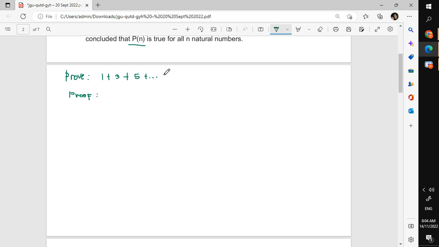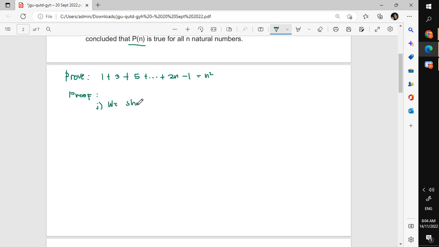So that is 1 plus 3 plus 5 plus dot dot dot plus 2n minus 1 is equal to n squared. So we need to show that the left side of this statement is equal to the right side. Now we will begin with step number one.